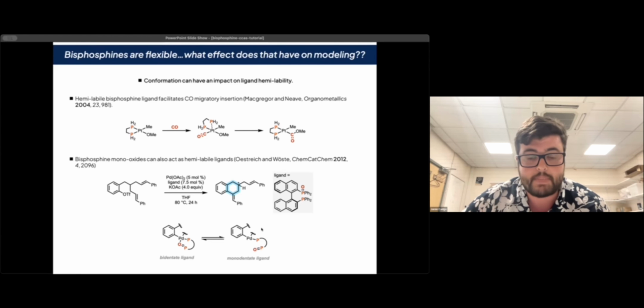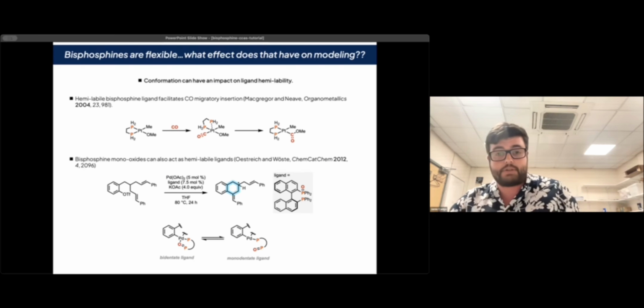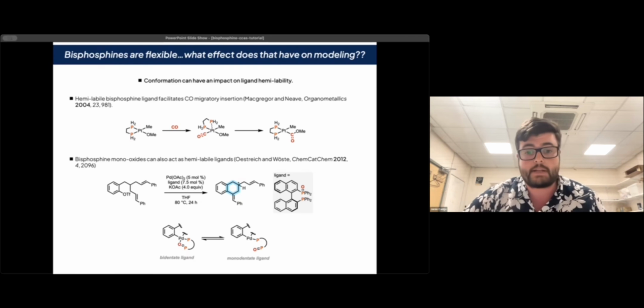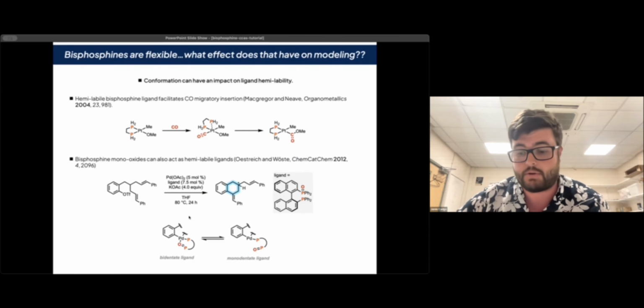The authors of this paper said that this decoordination allowed the formation of this ring in this Mizoroki-Heck cyclization reaction. But essentially, you can imagine a ligand which is quite conformationally flexible. This can affect the properties of a ligand being hemilabile or not.